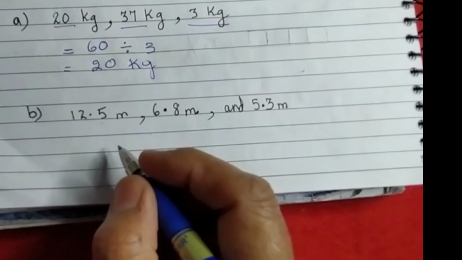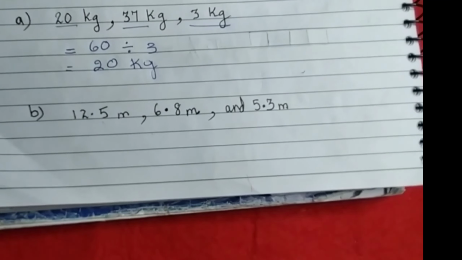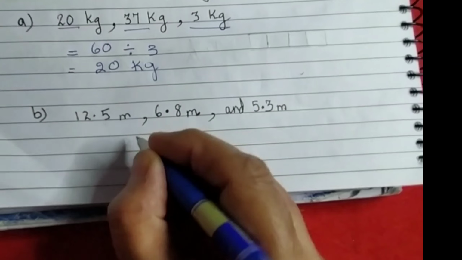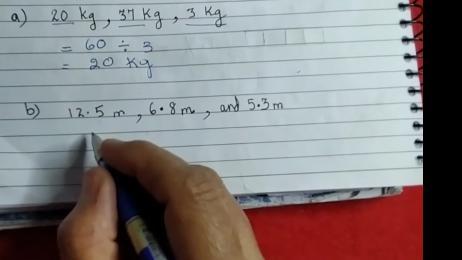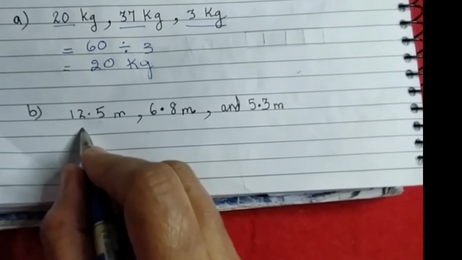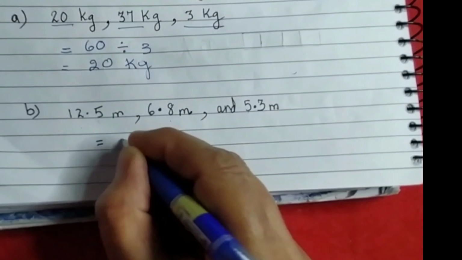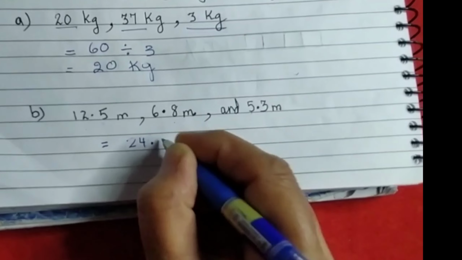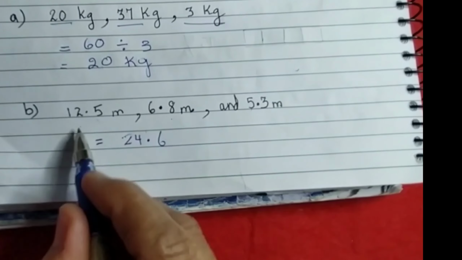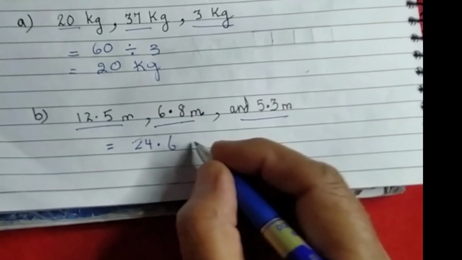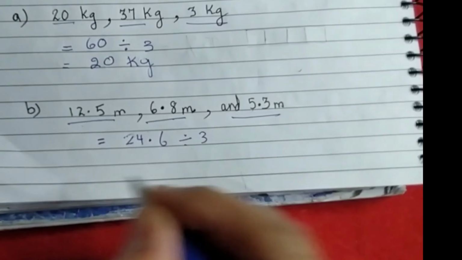Moving ahead with the second last question of average. We have 12.5. Add them all up. When you add 12.5, 6.8, 5.3, it will give you 24.6. How many figures? 1, 2, 3. So divide this by 3.